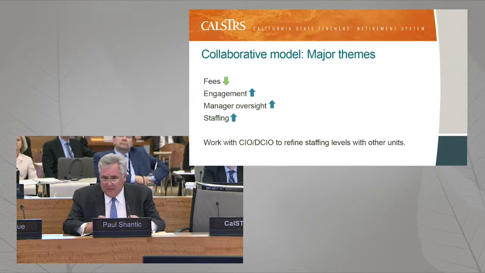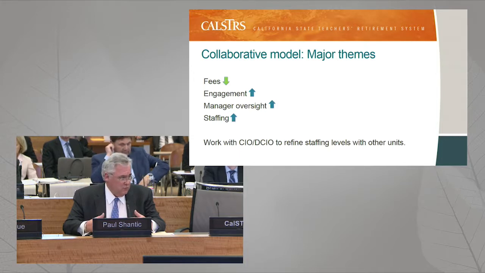So I came up with in mind 6 to 12 people, but Harry made a good point. We're going to sit down and go over this with the CIO and DCIO and really refine these, and figure out how to do that in a way that gets us the talent that we want and moves us along.